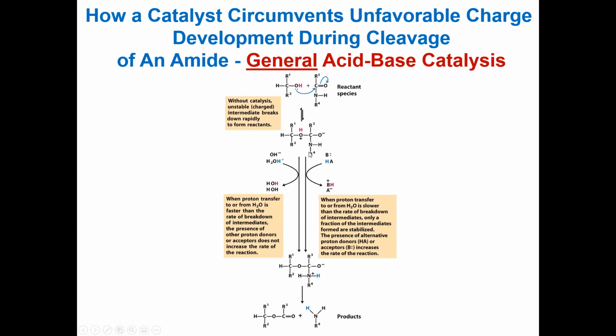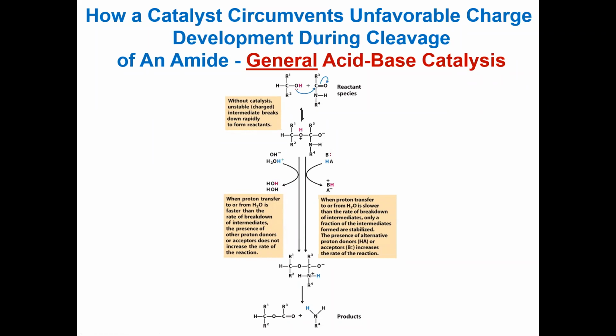You will hardly have any reaction going forward. But if you can provide either general acid base catalysis or specific acid base catalysis, if there are catalysts present, which can be a proton donor or proton acceptor, then the same reactions can be catalyzed at an appreciable rate.